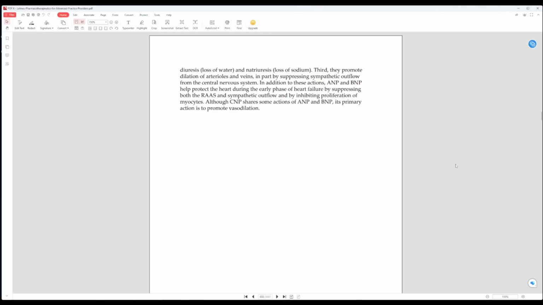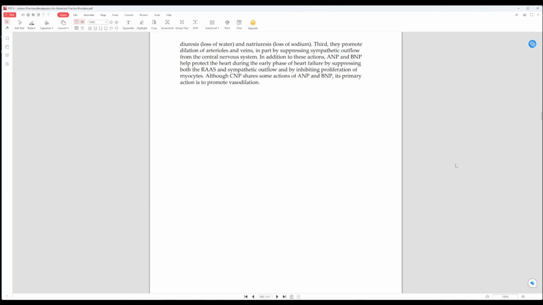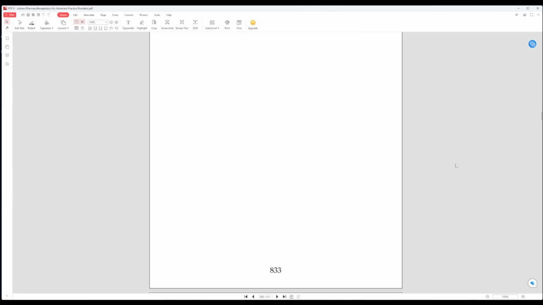In addition to these actions, ANP and BNP help protect the heart during the early phase of heart failure by suppressing both the RAAS, the renin-angiotensin-aldosterone system, and the sympathetic outflow, and by inhibiting proliferation of myocytes. Although CNP shares some of these actions of ANP and BNP, its primary action is to promote vasodilation.